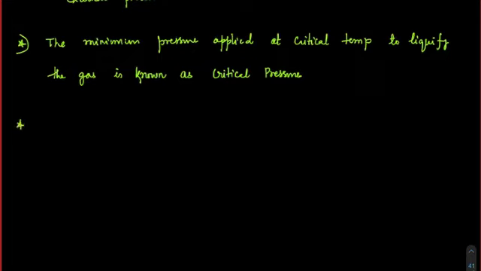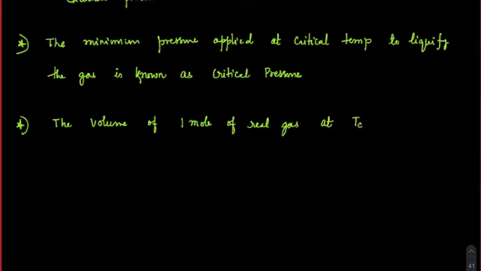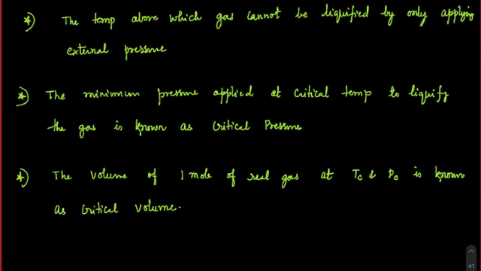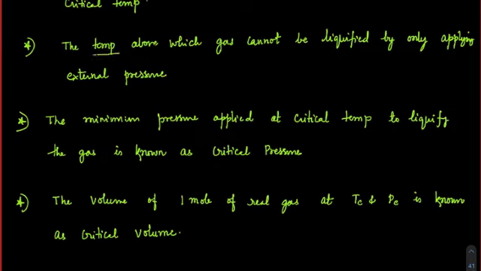Critical volume is the volume of 1 mole of real gas at critical temperature and critical pressure. So these are the three important terms: critical temperature, critical pressure, and critical volume.